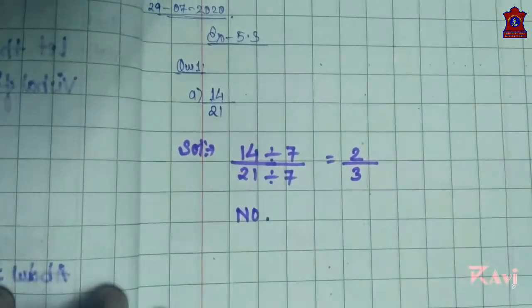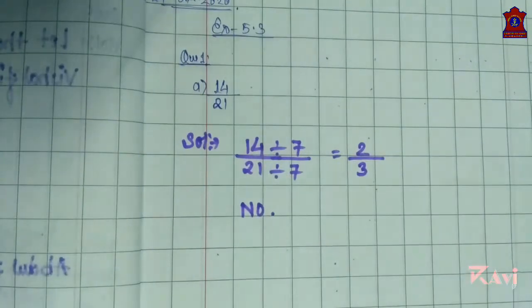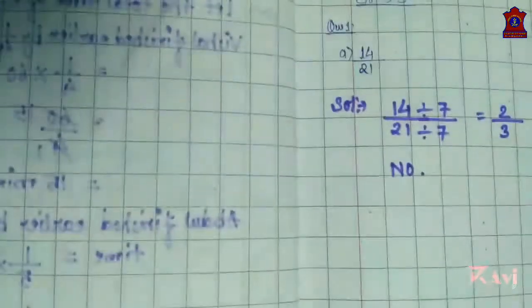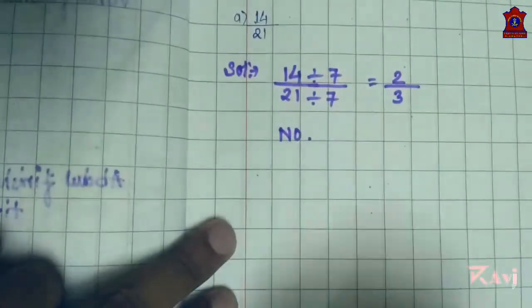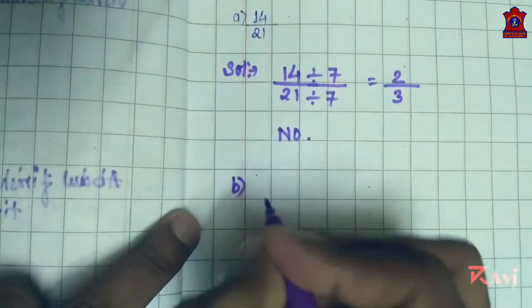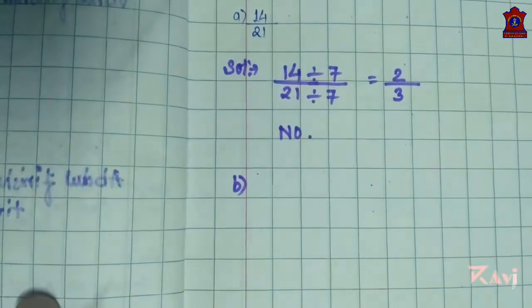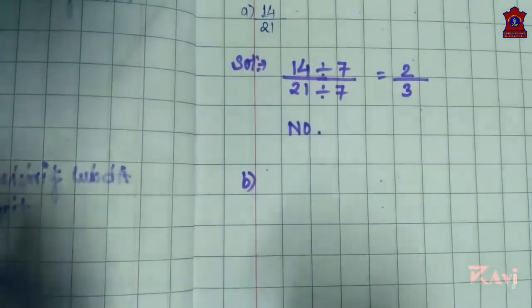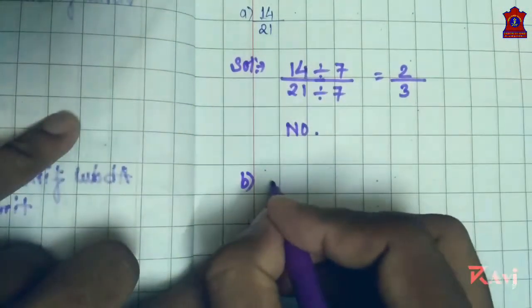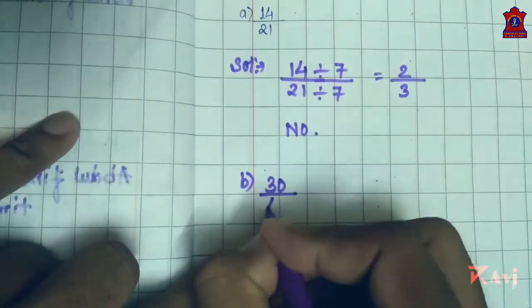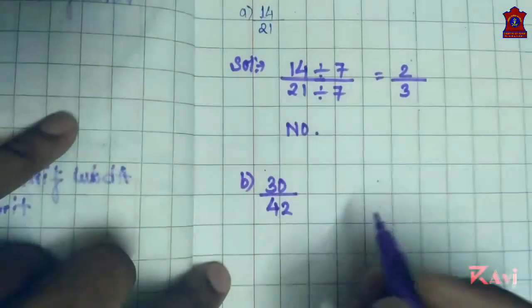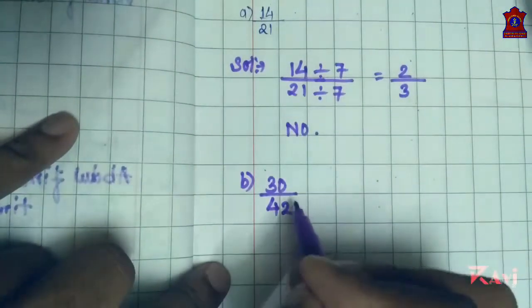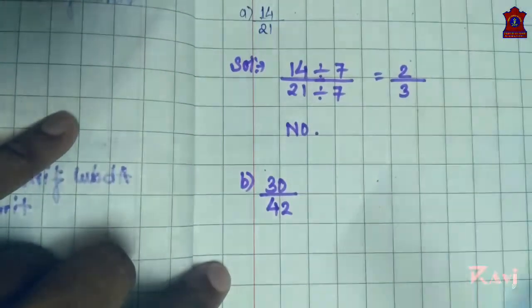Clear? Understood? So let's take question number B. What is the question? 30 upon 42. Clear? Now see 30 and 42 carefully.